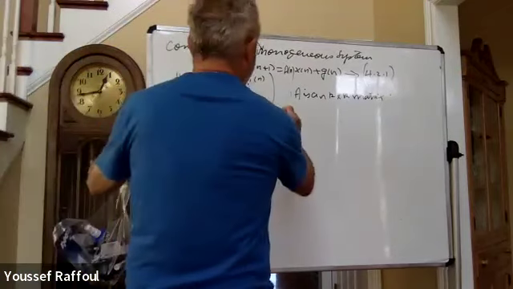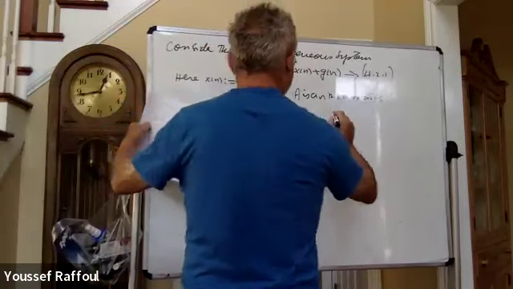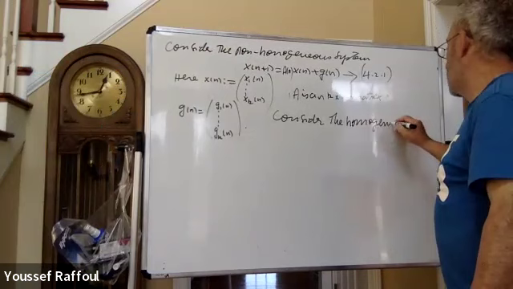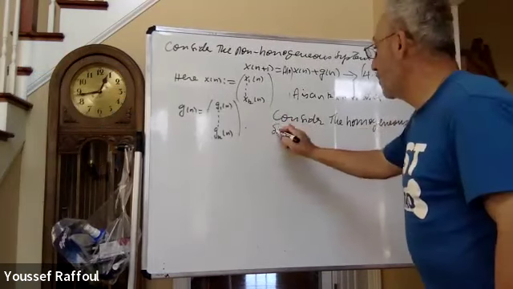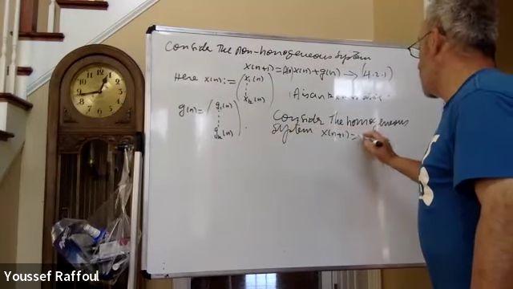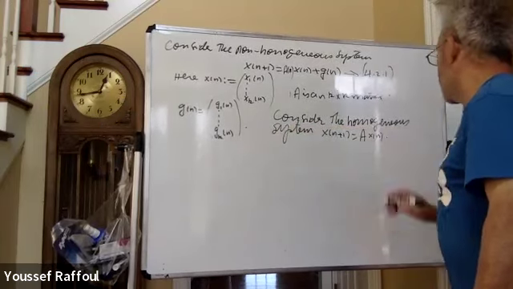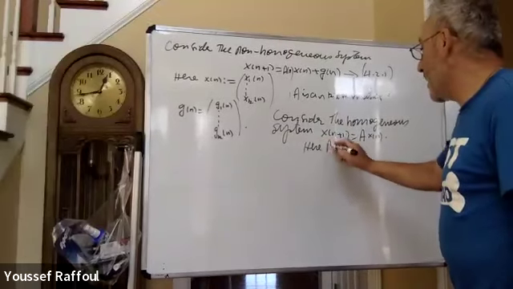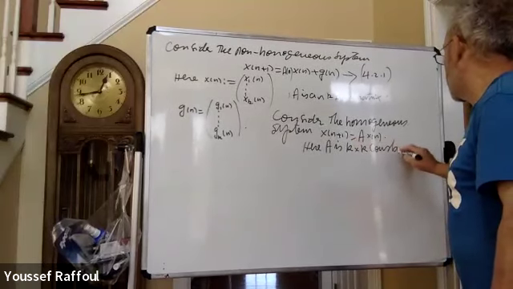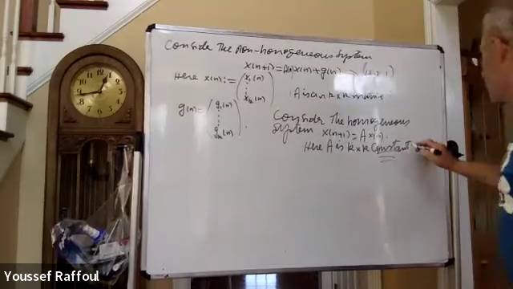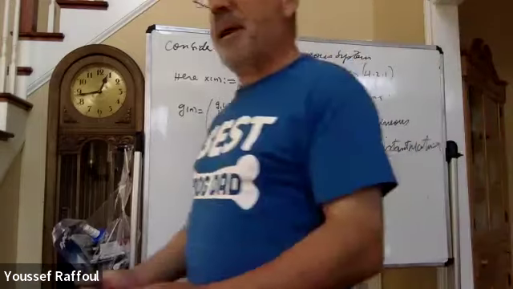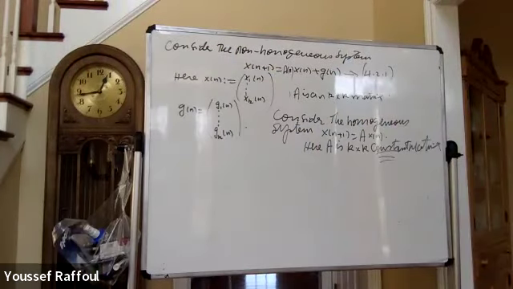So let us consider the homogeneous system x of n plus 1 equals A x of n. Here, A is a k by k constant matrix. That is, none of its entries depends on the variable n. Okay?